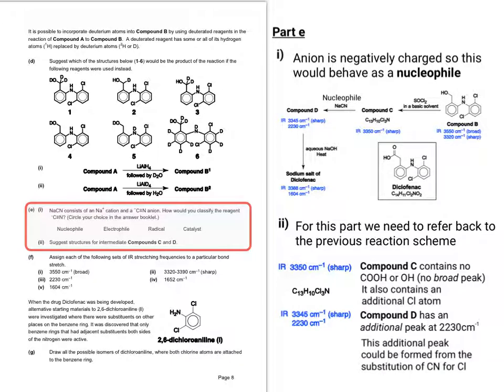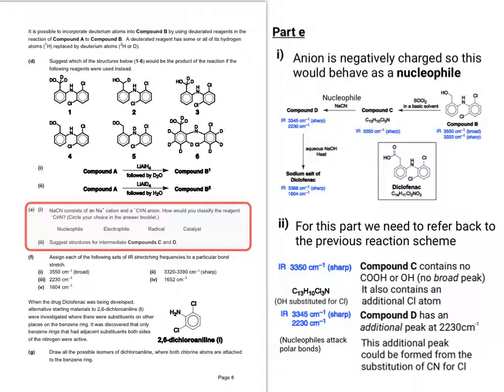So I'm going to make an additional sort of stab in the dark here. The peak at 2230 centimeters to the minus 1 could be formed from the nucleophilic substitution of CN- for that chlorine. So if you think about the things that could be replaced by CN-, nucleophiles need to attack polar bonds. They won't attack it unless it's polar. So how would you have a polar bond?